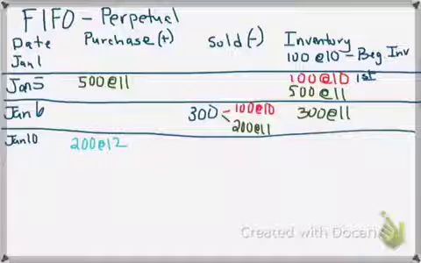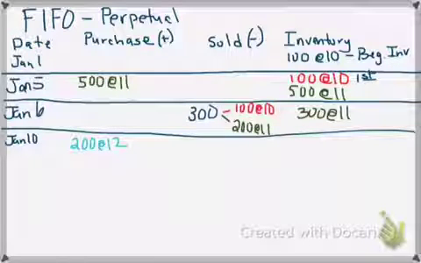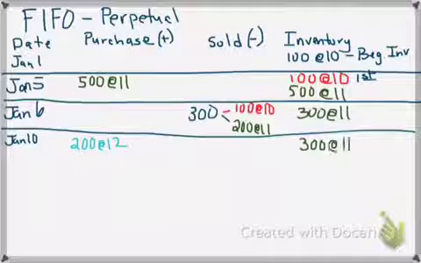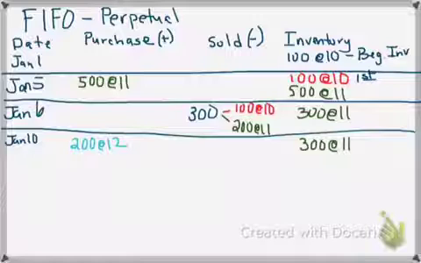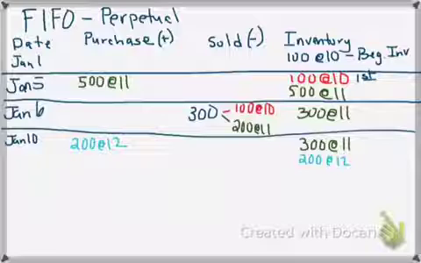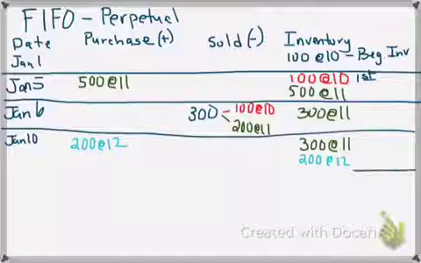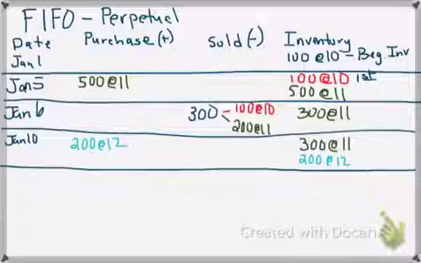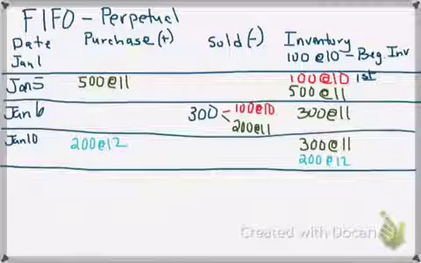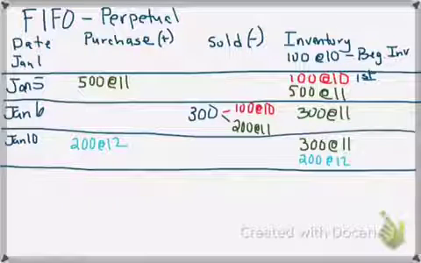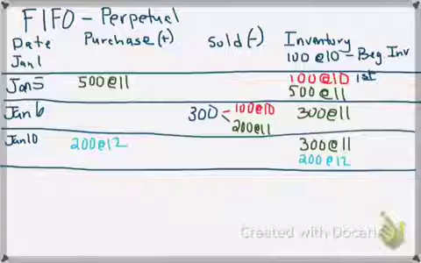So in our ending inventory we will have the 300 units that we had at 11, and then we're going to have the 200 units at 12. We want to make sure that we keep all of these units in order, because if we do not keep them in order, we can get into some trouble. Remember, we're selling our first units first, so our first units that we purchased always need to be at the top, and the other units then need to move down.